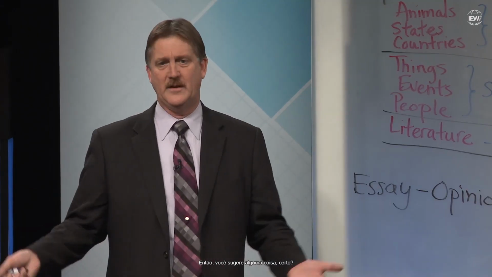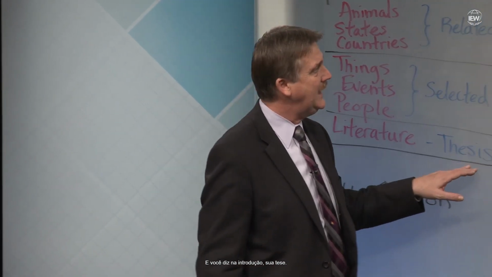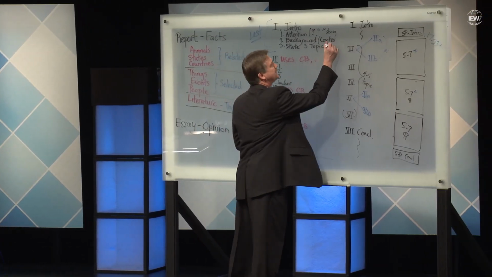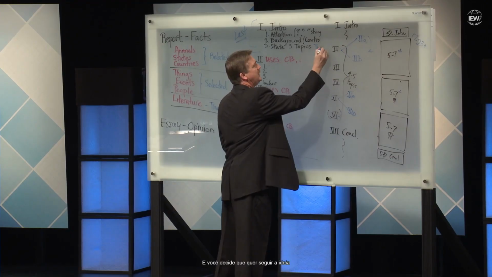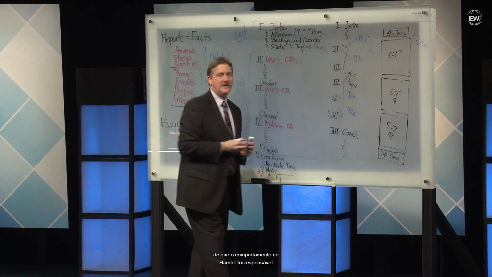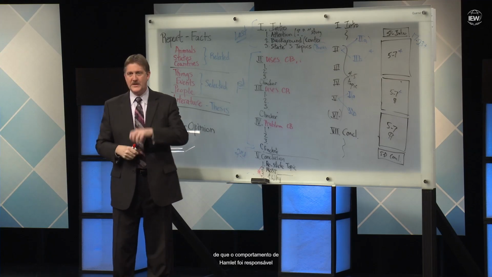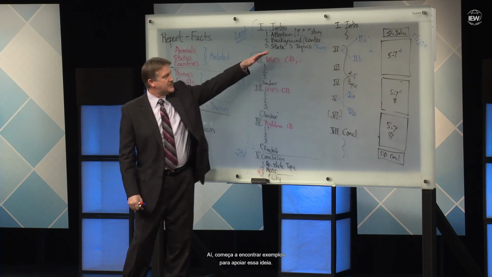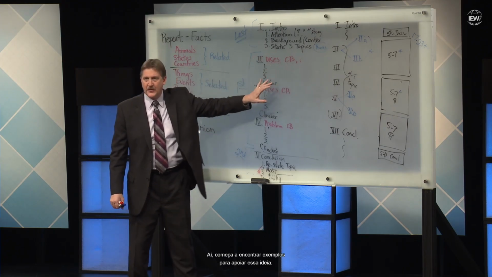So you come up with something, right? And you say in your introduction your thesis. And you decide you want to go into the idea that Hamlet's behavior was responsible for Ophelia's death, right? So you start to find some examples to support this idea.